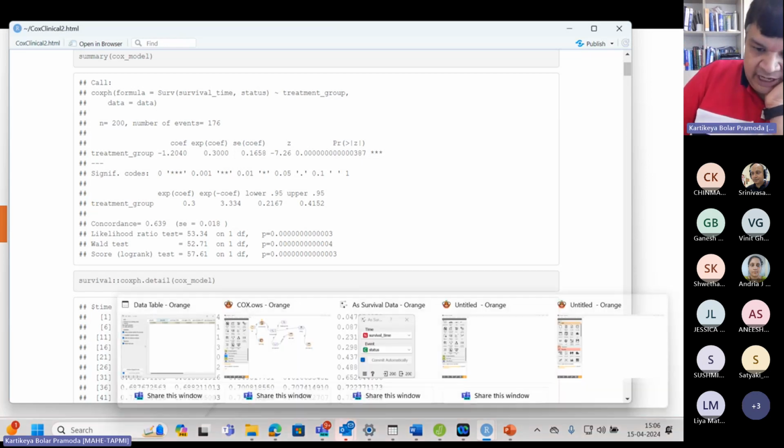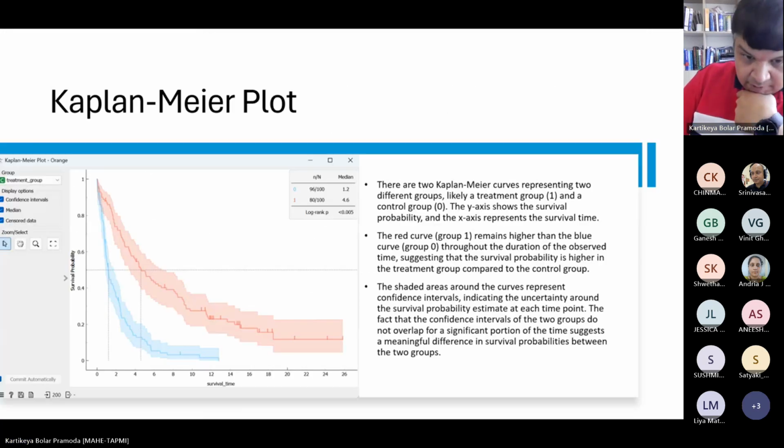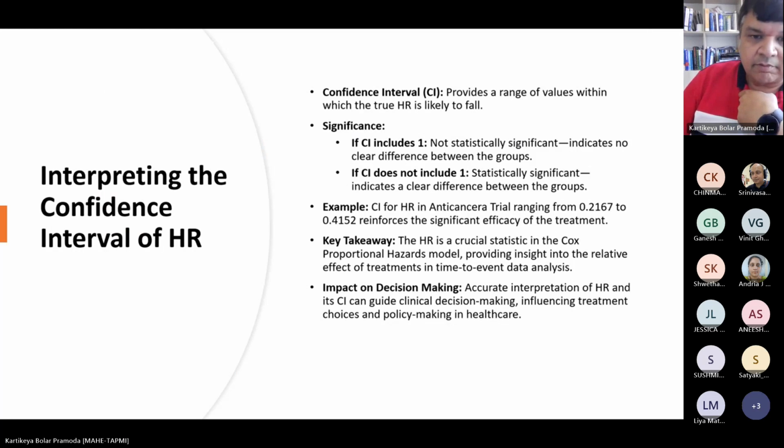So that is what the confidence interval of the HR means. Now, can we also visualize this?